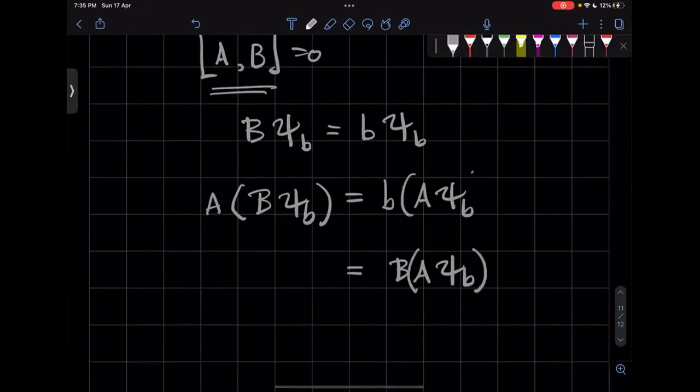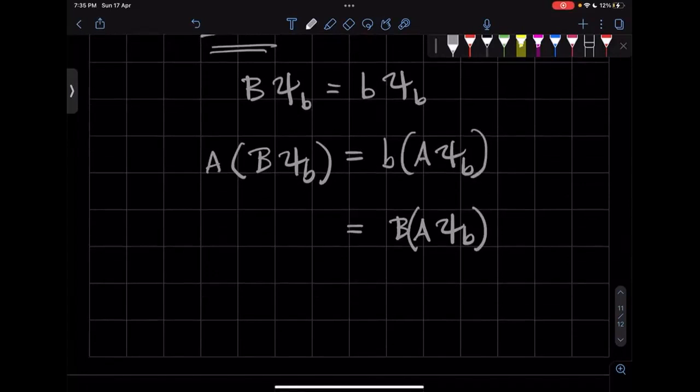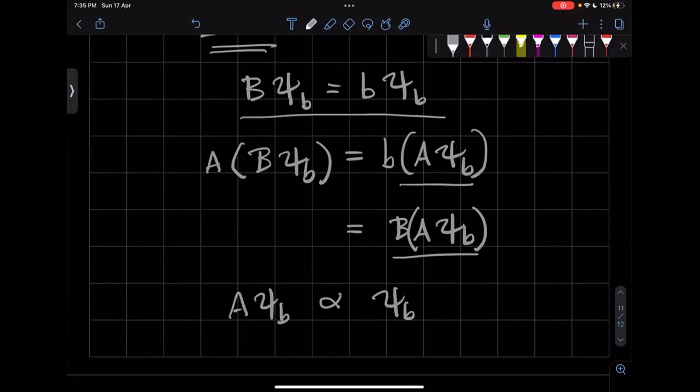So that means that A times psi of b is proportional to psi of b, right? Because this is just an eigenvalue equation, which is the same as here. There is an assumption that the eigenvalue is not degenerate.